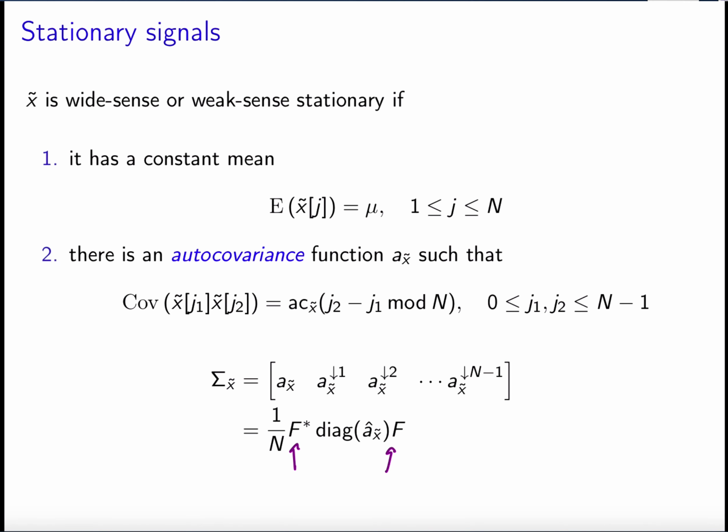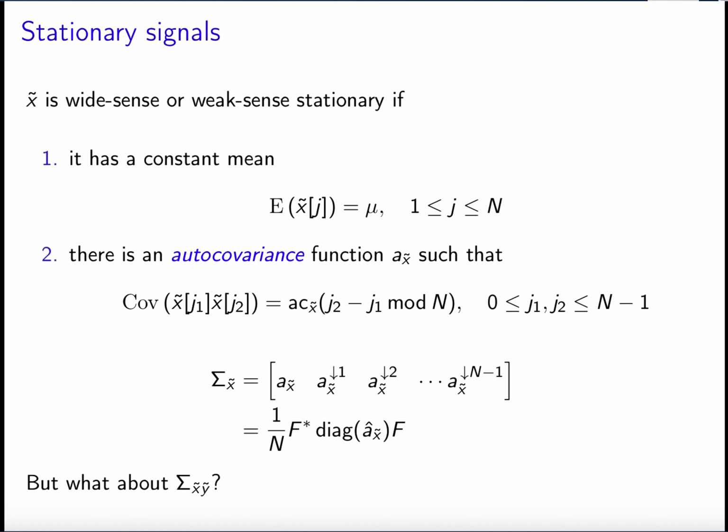And the eigenvalues correspond to the DFT coefficients of this autocovariance function. So that's going to be very important. It's also really important to realize that now, if we want to learn this covariance matrix from data, we only need to estimate the autocovariance, which has n parameters as opposed to n squared. So this is going to be tractable to compute from data.